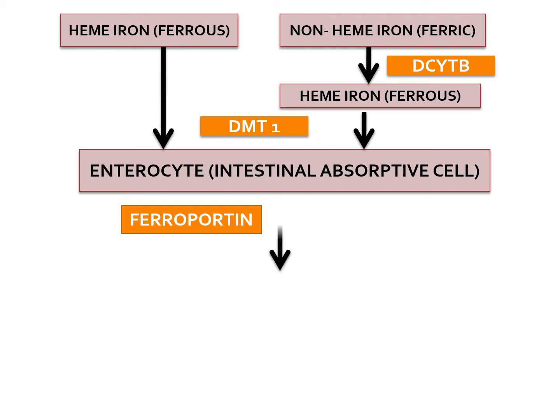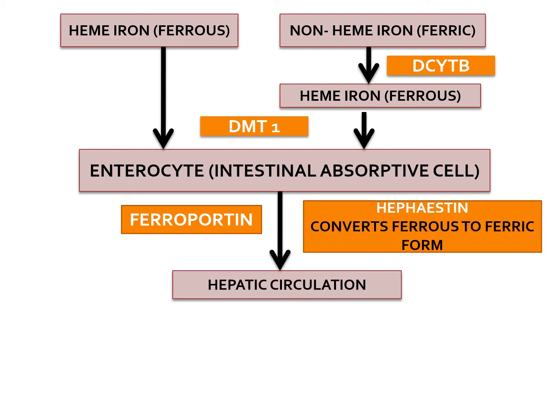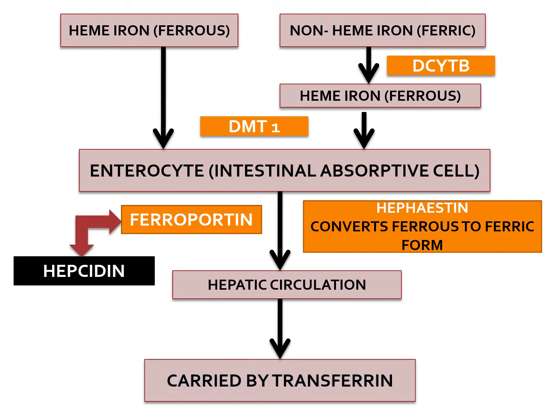With the help of ferroportin, and in conjunction with hephaestin, the ferrous form will become ferric form to be transported in the circulation by transferrin. The ferric form will be carried by transferrin to be delivered to the bone marrow.